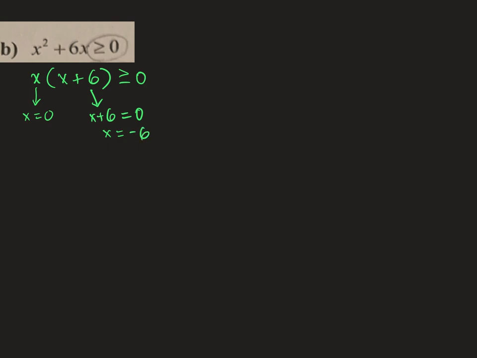Now, really what we want to do is find out where it is greater than or equal to 0. That's the most important part there. So on the little number line I have here, we're going to put negative 6 and 0, mostly just to separate the number line into 3 pieces, but you do want to have the smaller one on the left there, the negative 6.